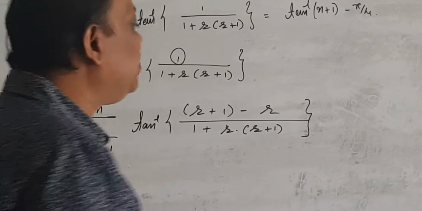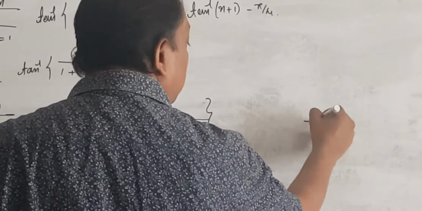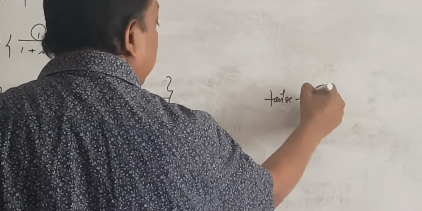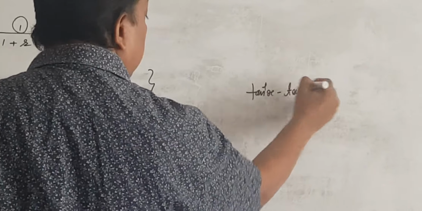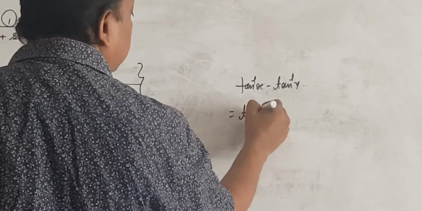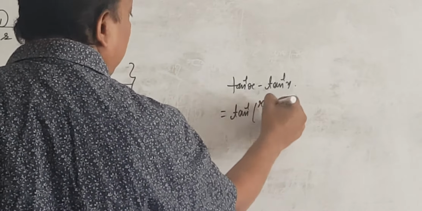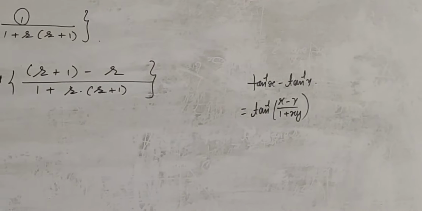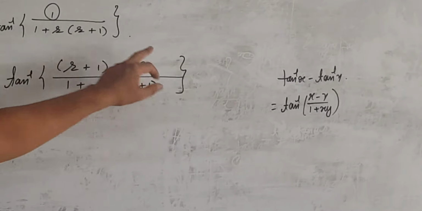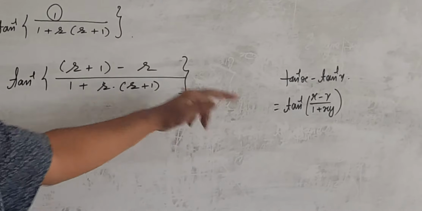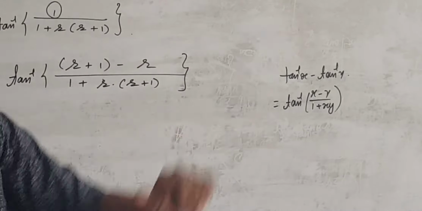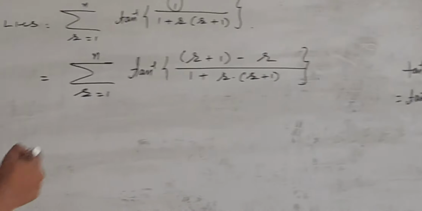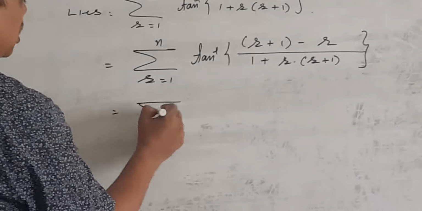Now this form is like that. Just now also I have used this formula: tan inverse x minus tan inverse y is what? Tan inverse (x minus y) upon (1 plus xy). So this is also like this: tan inverse (x minus y) upon (1 plus xy) is equal to tan inverse x minus tan inverse y. So here your x is nothing but what?